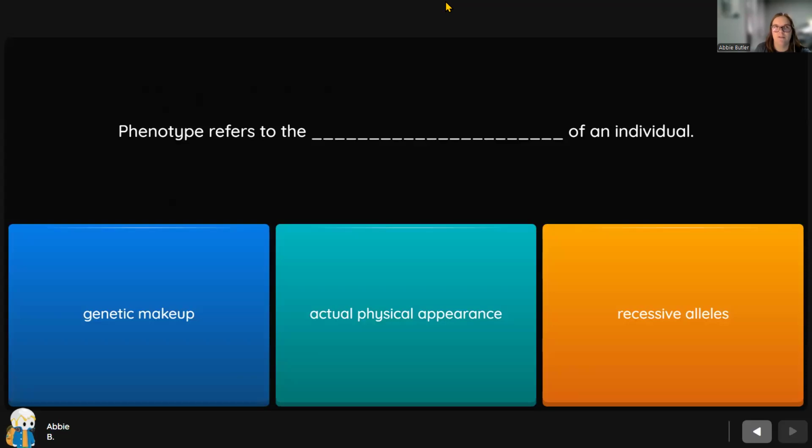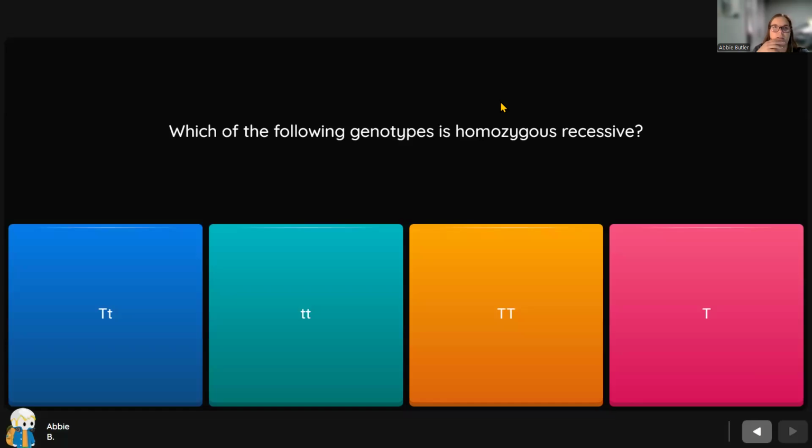We'll do some practice questions here. Phenotype refers to blank of an individual. Physical appearance. Which of the following genotypes is homozygous recessive? Which one is homozygous recessive?